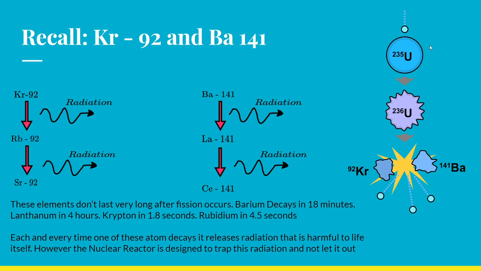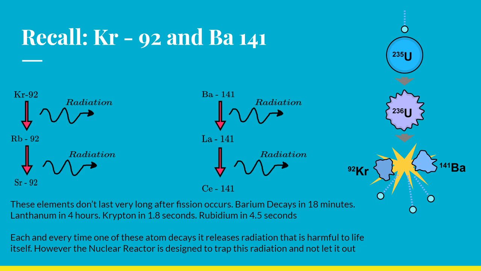Now we're going to get into the xenon. We have some elements that occur here, krypton and barium, and they, in and of themselves, are unstable. So the barium, for instance, will change, and all of this has been documented.